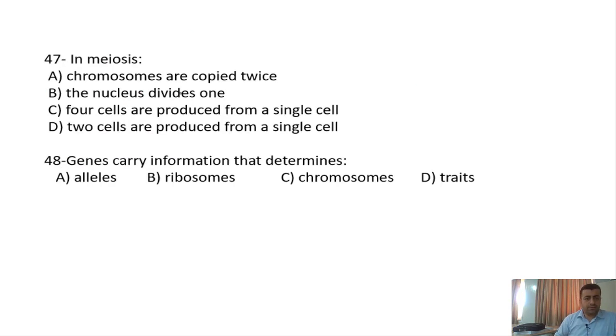Question 47. In meiosis, four cells are produced from a single cell. That means during the meiosis, one cell produces 4 cells. It will be C. Genes carry information that determines traits.